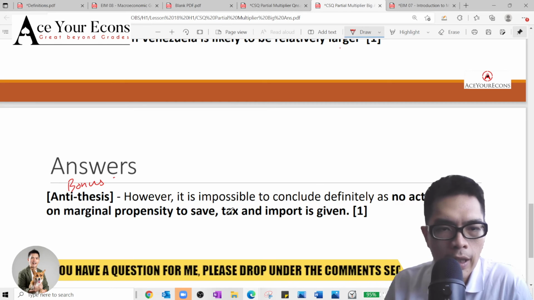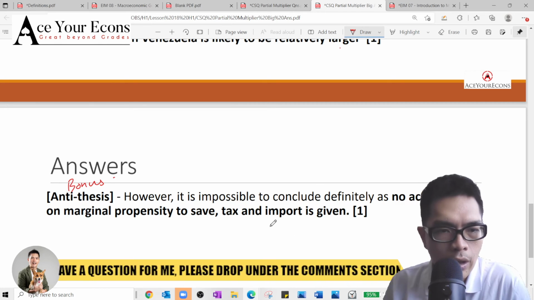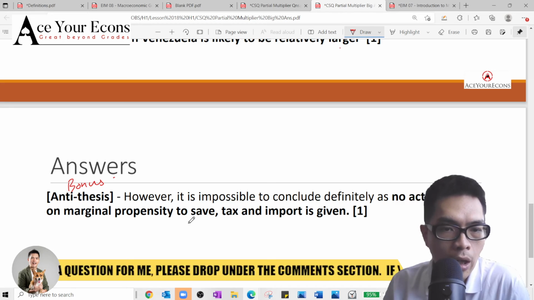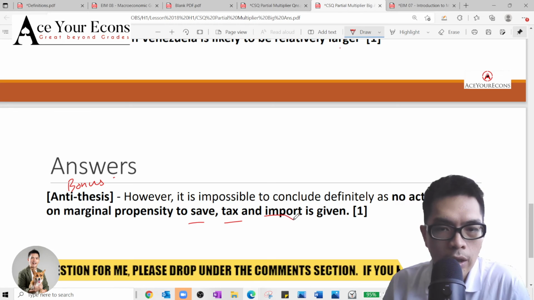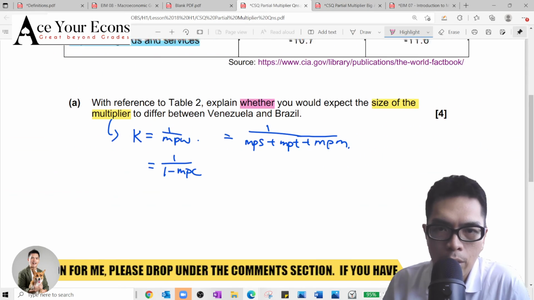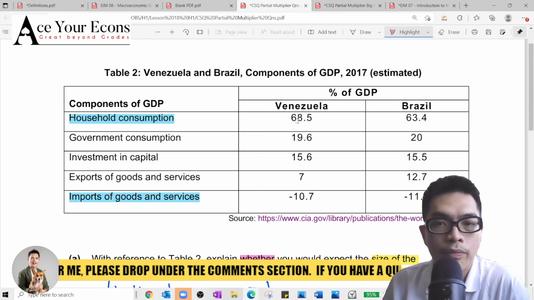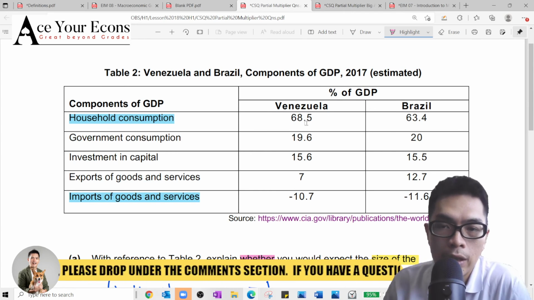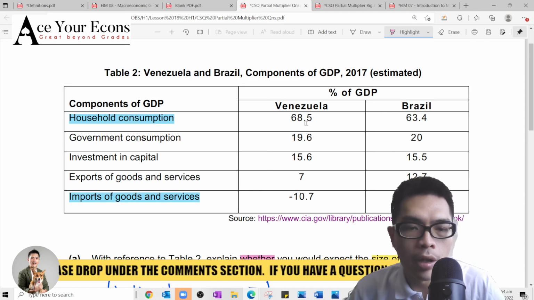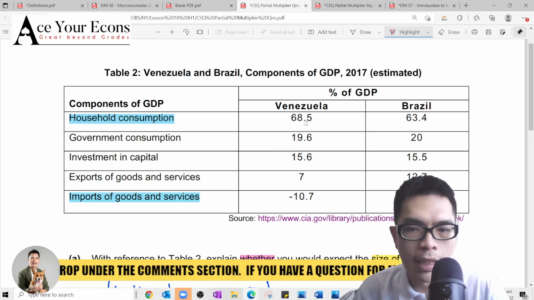You can see that you do not have the actual data for these three. What we have seen in the question is all inferred, they didn't tell you the specific data, and therefore we cannot know the size of the multiplier.